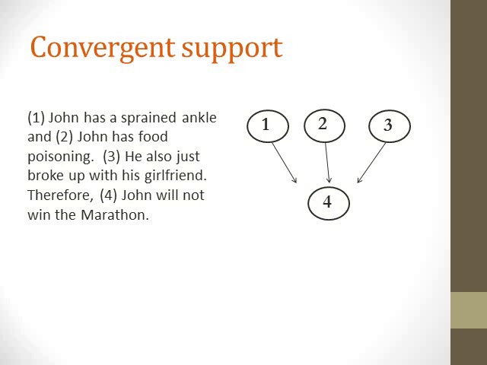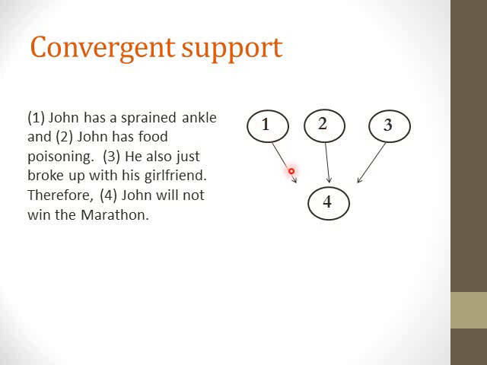In other words, 1, John has a sprained ankle. That by itself gives reason to think that John will not win the marathon. Even if we were to completely eliminate 2 and 3 and we just had 1, so 4, 1 would still give reason for 4. And the same thing can be said for 2 and 3, right?